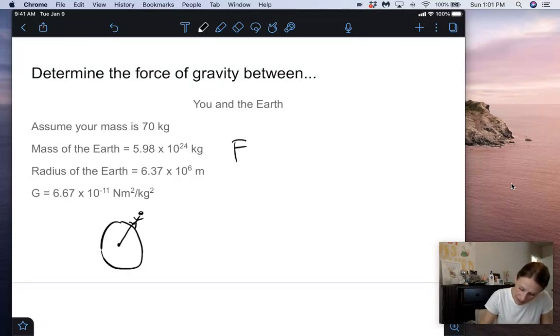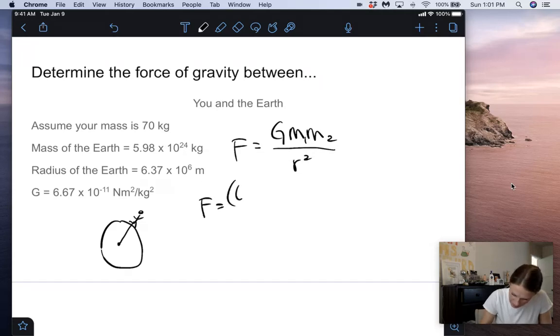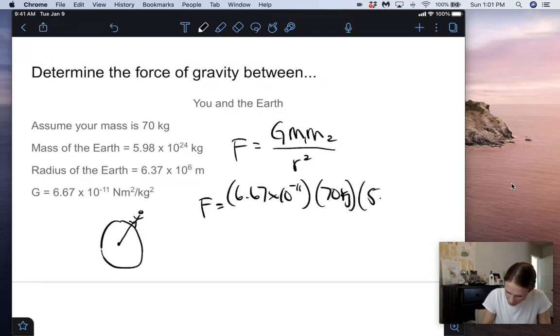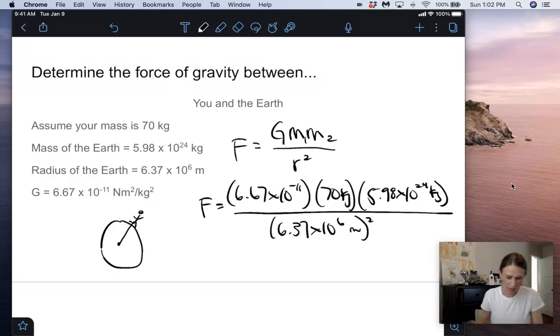So we get force is equal to, again, G, M1 and M2 over R squared. So force is equal to 6.67 times 10 to the negative 11th times your mass, 70 kilograms, times the mass of the Earth, 5.98 times 10 to the 24th kilograms, divided by the radius of the Earth, 6.37 times 10 to the 6 meters, and then we're going to square that.